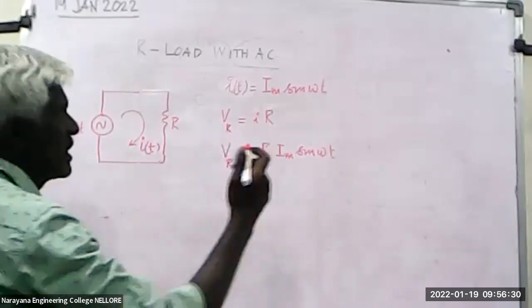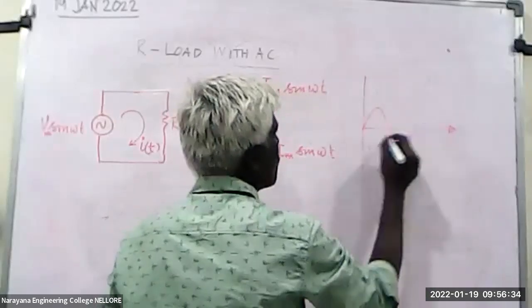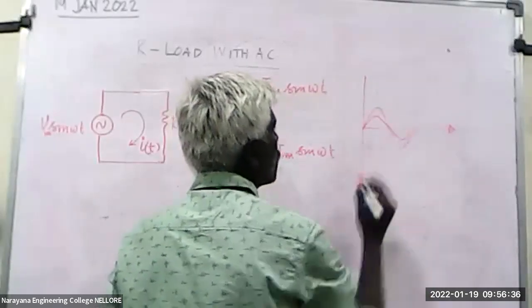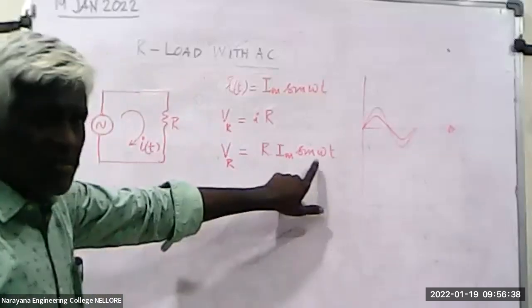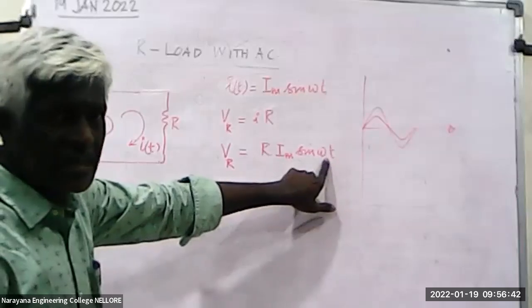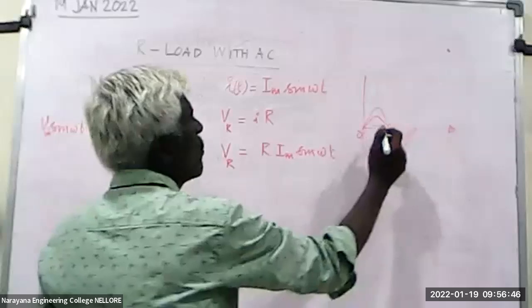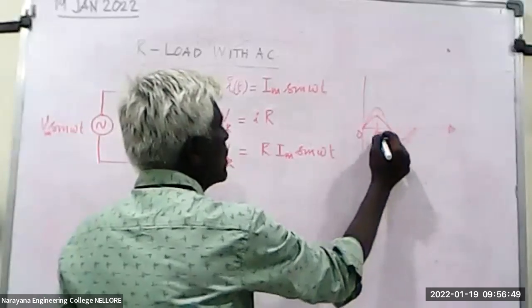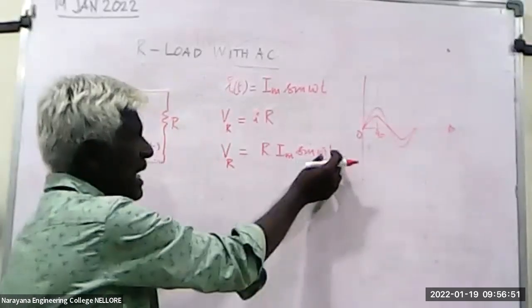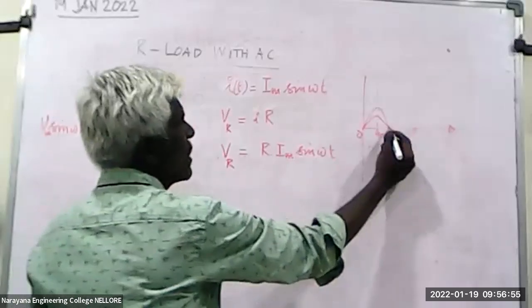That is what we have already seen. When you apply a sinusoidal input, the current also follows the same sinusoid. When you substitute omega t as 0, the entire value becomes 0. When you substitute 90 degrees, you get the maximum because sine 90 is 1, so you get Im R. At 180 it is 0 again.